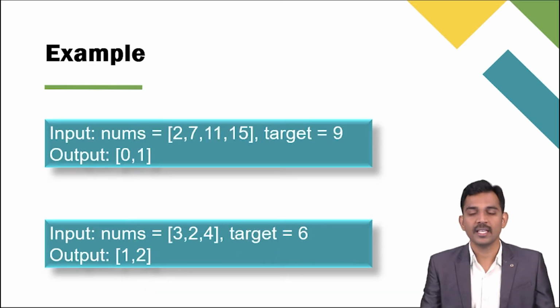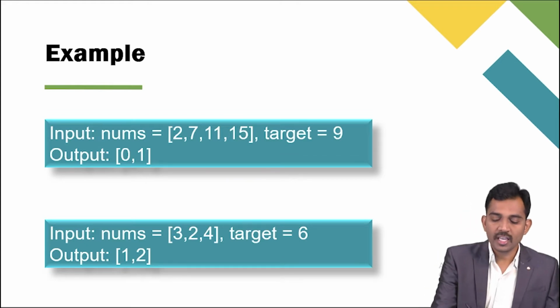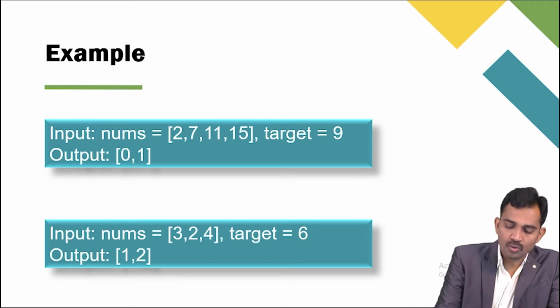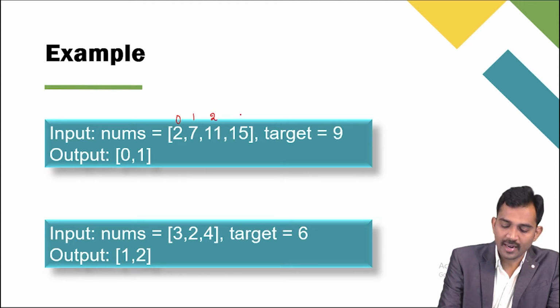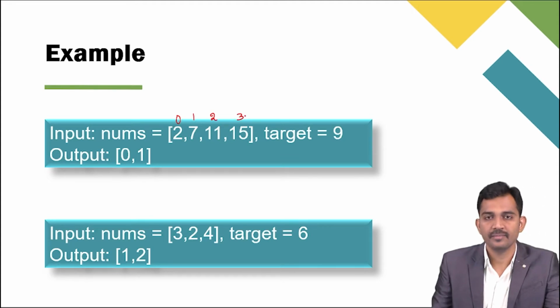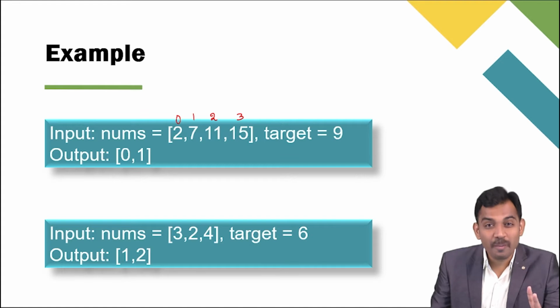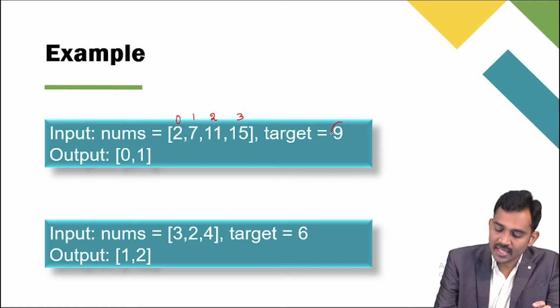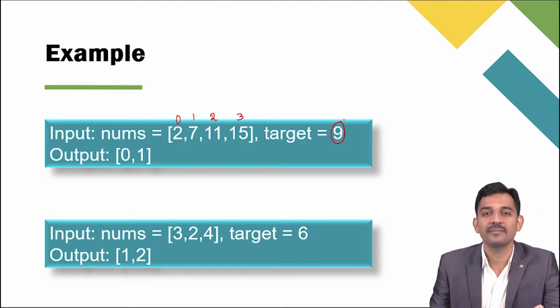These are the two sample test cases they have given. Here they have given the elements. What are the elements? 2 at index 0, and indices 1, 2 and 3. What is your task? You need to find two elements that match the target. What is the target they have given? The target is 9.